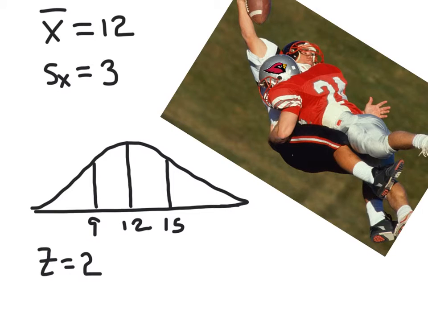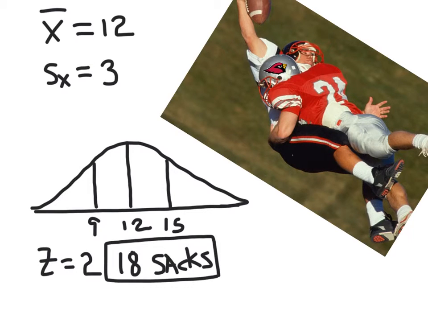There's 2 standard deviations above 12. So 6 plus 12, that's going to give us 18 sacks. That team is doing pretty well. So let's write that down. With a z-score of 2, that team is doing well above average, 18 sacks.